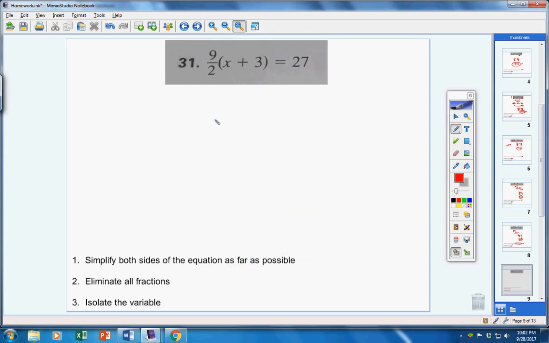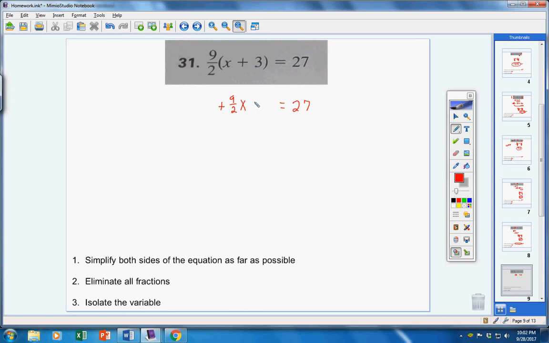Okay. Number 31. Now, my students, some students right away want to eliminate fractions, and that's wrong. First, simplify. I cannot simplify the right side, but on the left side, I have a 9 halves I can multiply through. So, 9 halves times x, positive times a positive is positive.